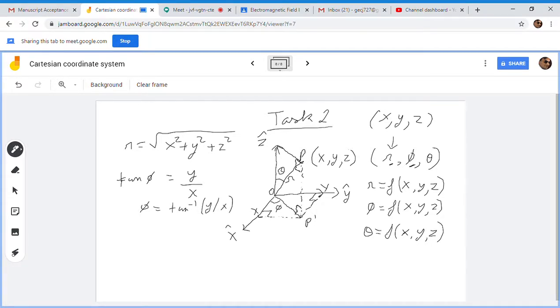What is theta? Theta is the angle that this r makes with this z. So first thing we can write: just see which is the perpendicular part. From here we need to subtend a right angle onto this z. So this will be a right angle triangle.